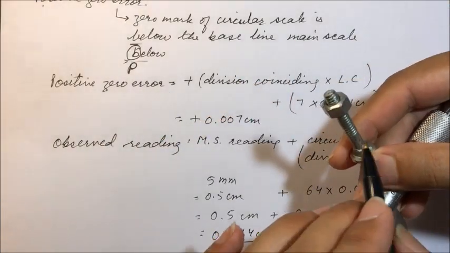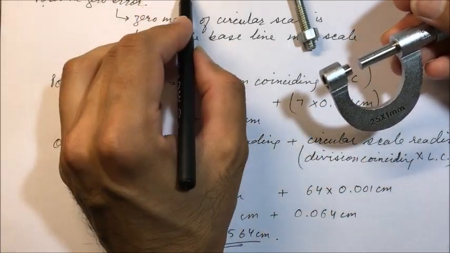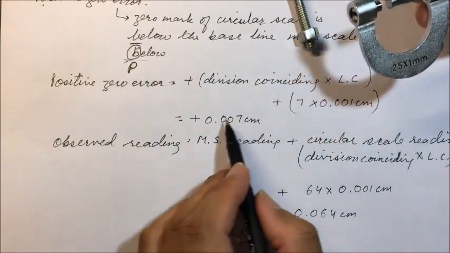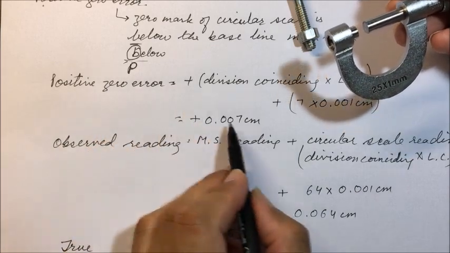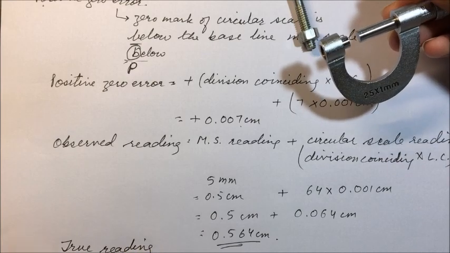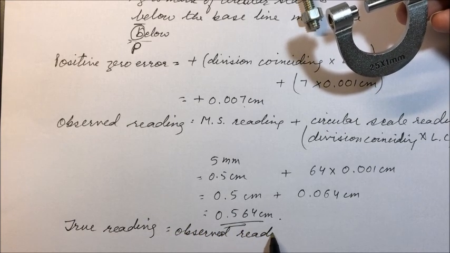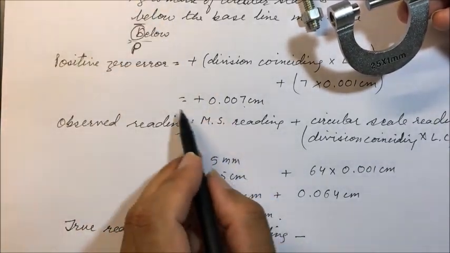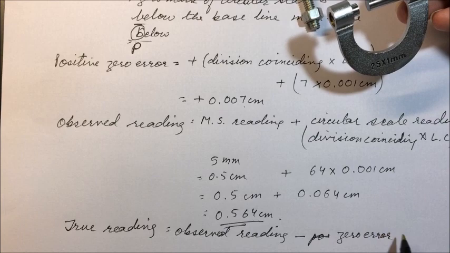So the observed diameter when the instrument is having zero error is more as compared to the true reading. And by how much is it more? By this positive zero error. So the true reading will be, if we have positive zero error and the observed reading, true reading equal to observed reading minus zero error, with sign.